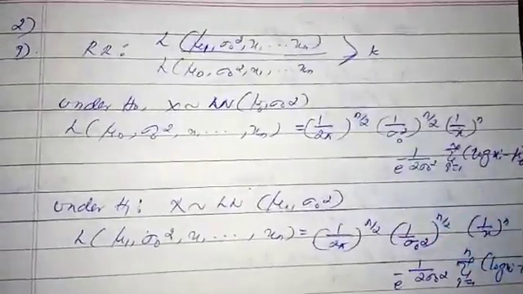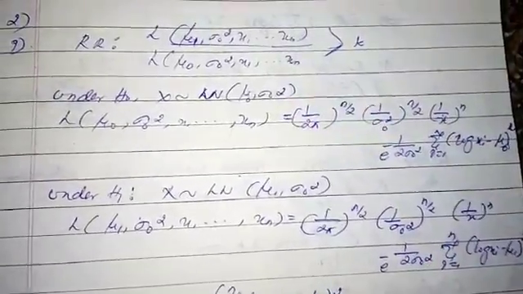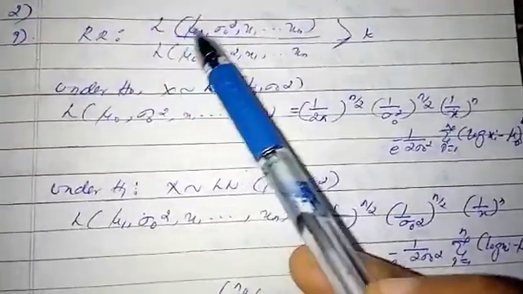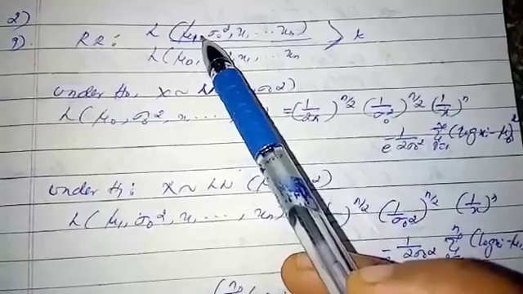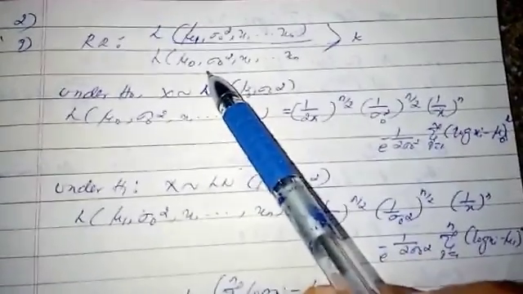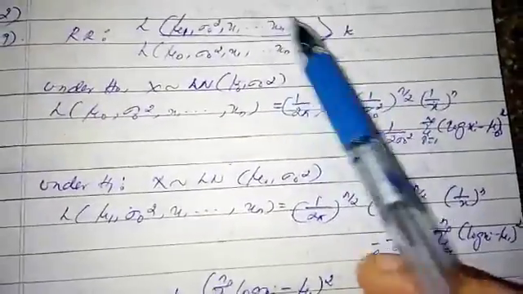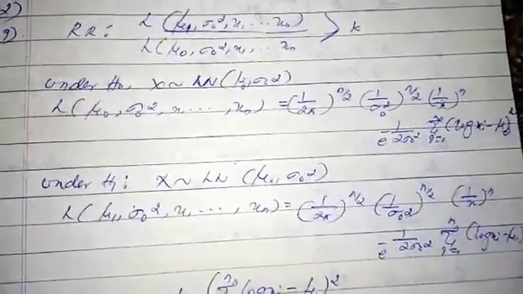In the problem it's given that we have a random sample of size n, so we have to take the likelihood function: the likelihood under the alternative hypothesis divided by the likelihood under the null hypothesis, greater than k, then we reject the null hypothesis.